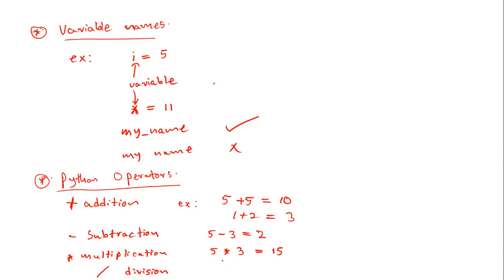Let's say 10 divided by 2 is equal to 5. So let's see if Python gives these values to us.